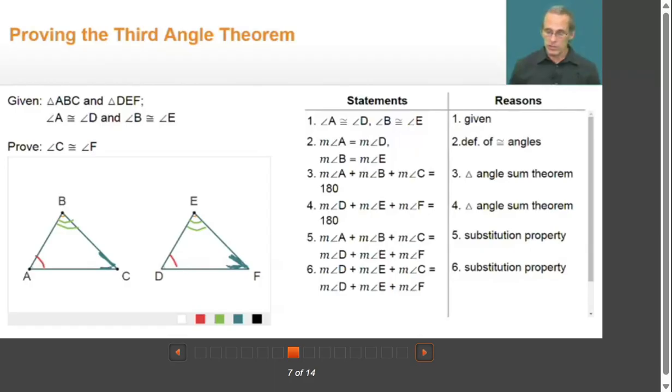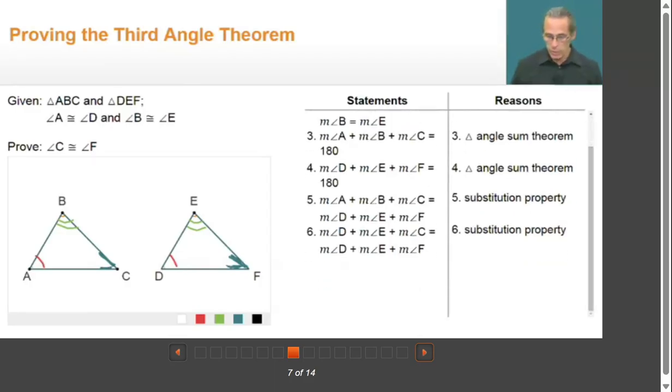So now I'm going to see if I can solve this equation so that I can isolate the measure of angle C and the measure of angle F. I will subtract from both sides of the equation the measure of angle D and the measure of angle E. And this gives me that the measure of angle C is equal to the measure of angle F, which tells me that angle C is congruent to angle F by the definition of congruency. This tells me that the third angles in the triangle will be congruent.